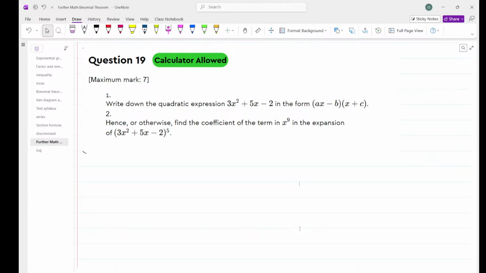Power of 5. Find the coefficient of the term x to the power 9.